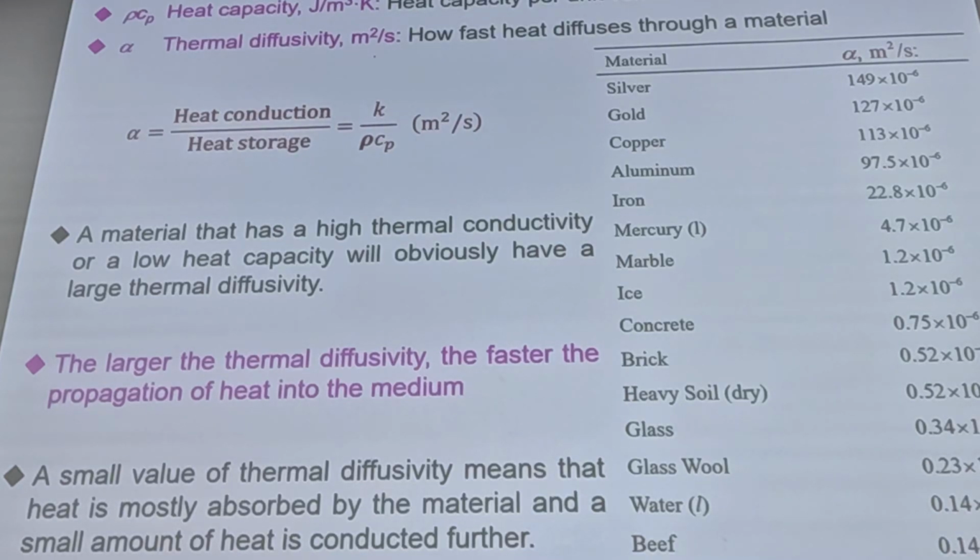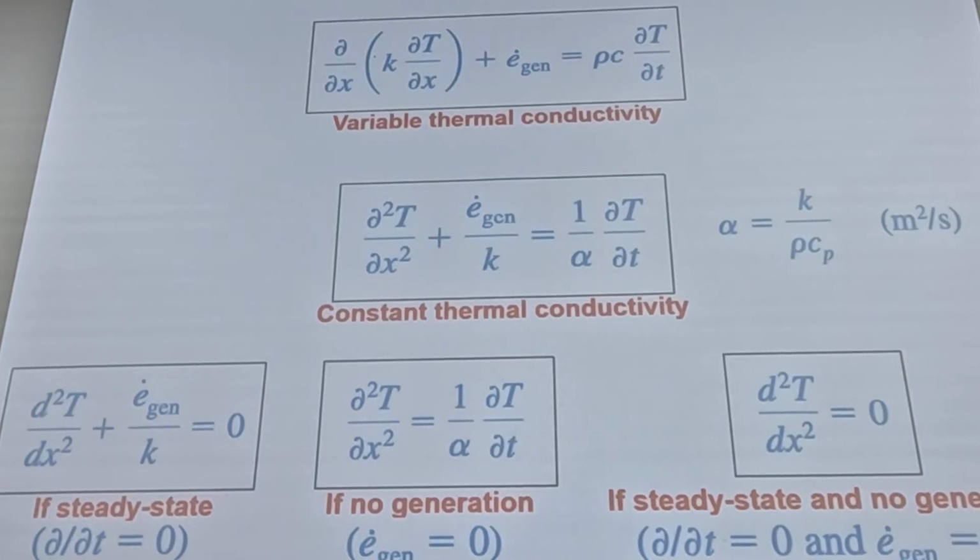Okay, then we recall something from page 56, not 62, the thermal diffusivity. Then further discussion: if there's steady state, or no generation, or there's heat generation, then it becomes a different kind of equation.